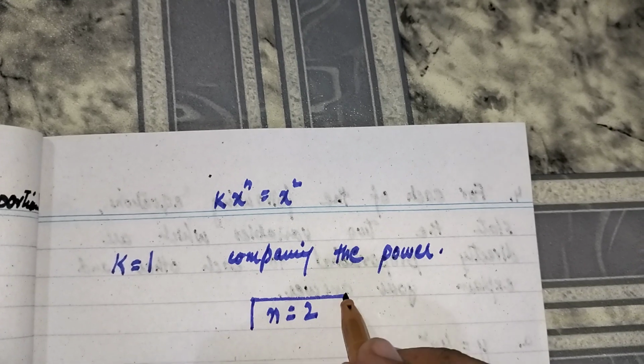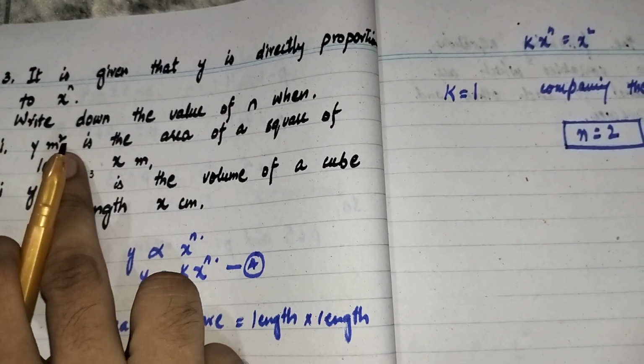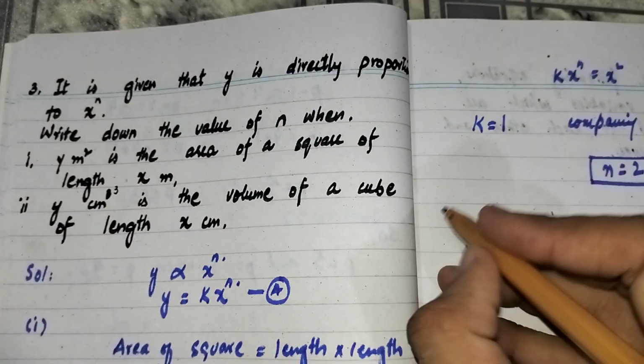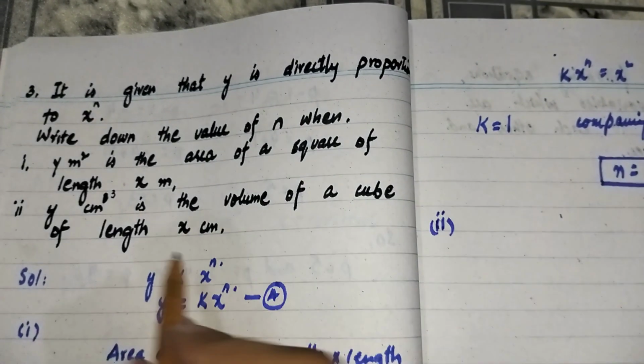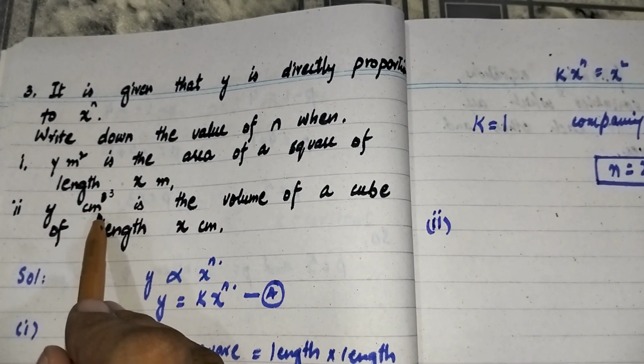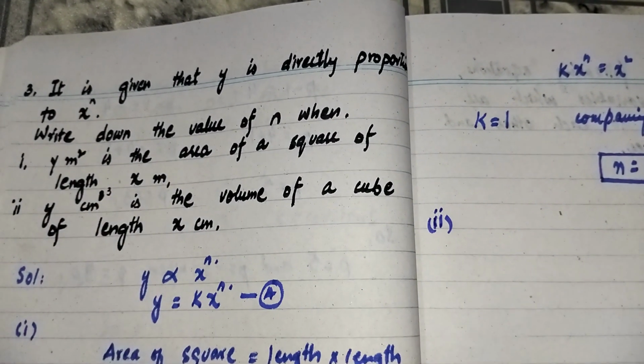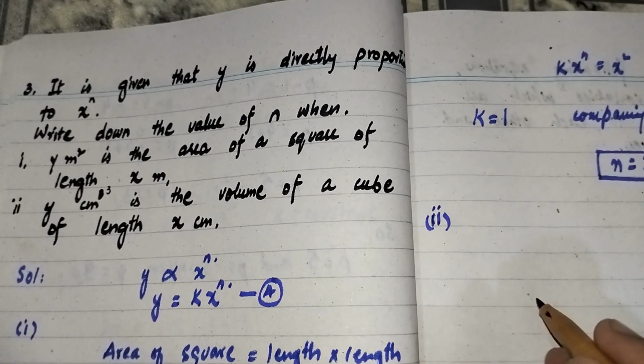So the value of n will be 2 when the area of the square is y. Now in the second part, you have to find the value of n when y centimeter cube is the volume of the cube of length x.